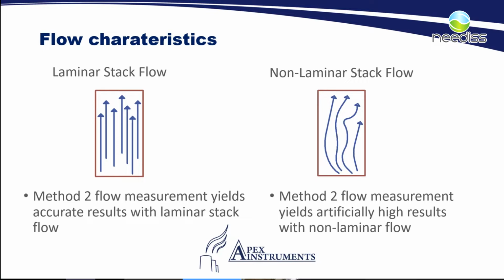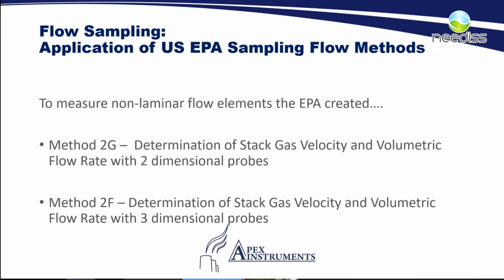So knowing this situation, how can we adapt to the unique stack parameters and get an accurate flow measurement for whatever purposes we're doing? And the EPA gives us two methods to allow us to achieve this.